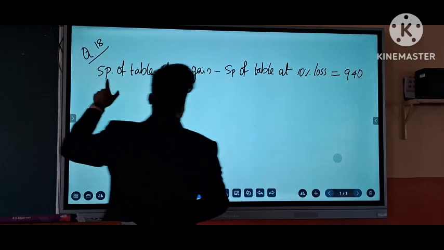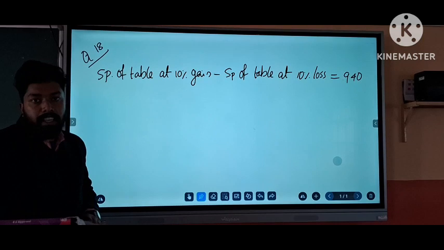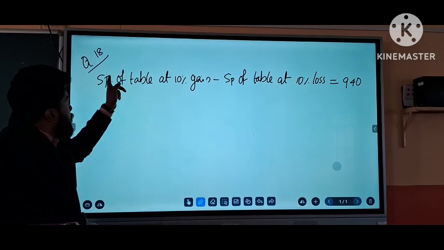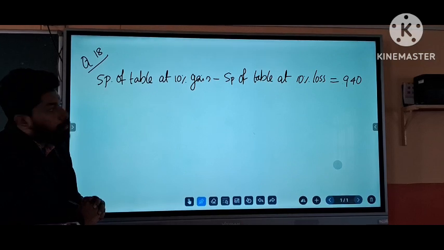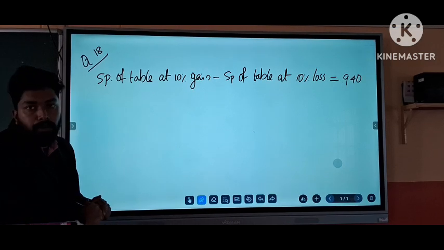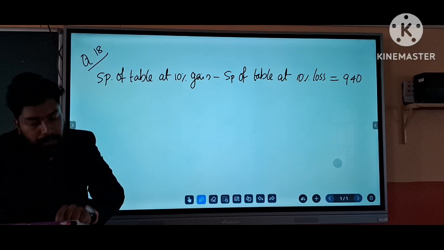So from the question we can derive this statement, that is, selling price of table at 10% gain minus selling price of table at 10% loss is equal to 940. Is it clear to everyone?